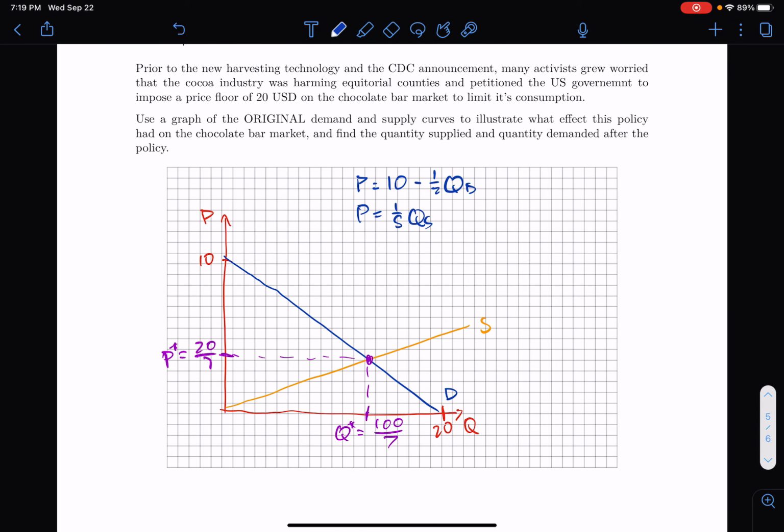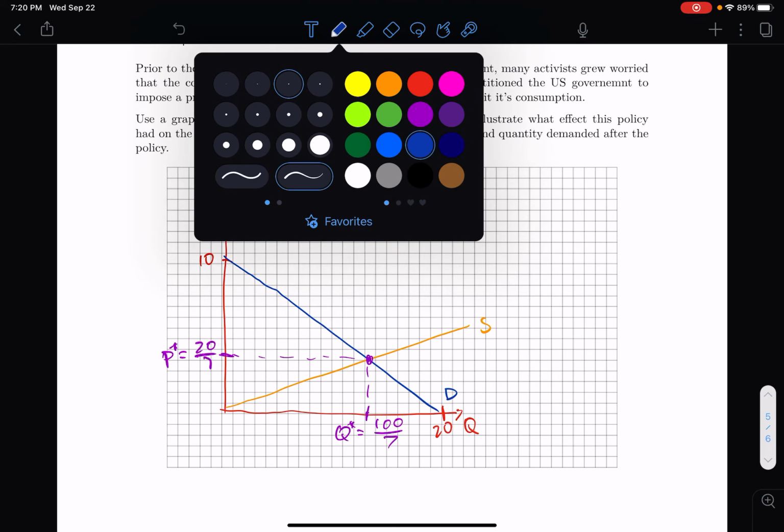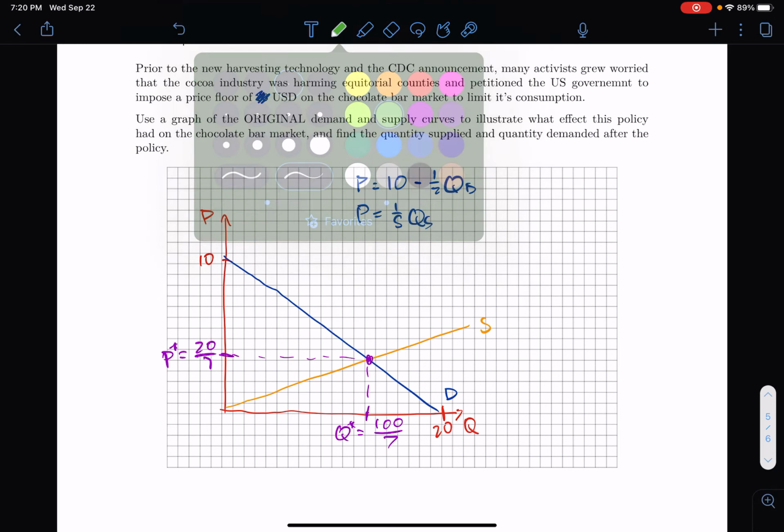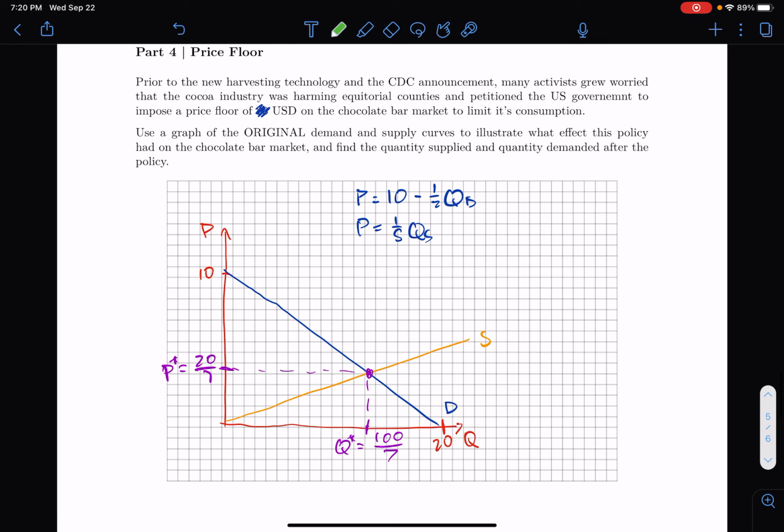Okay. So first we're just going to check that the price floor, well, this isn't even sensible. Who wrote these questions anyway? I have an invisible finger pointing at myself. Okay.